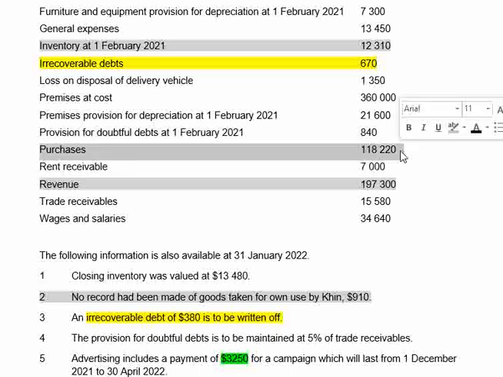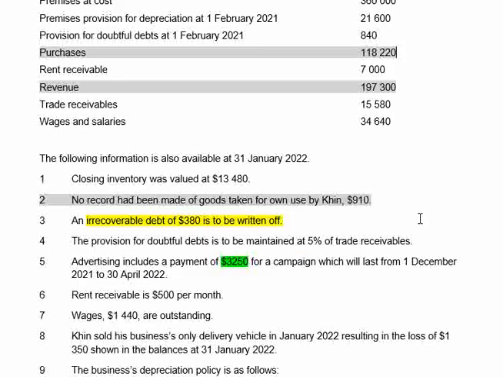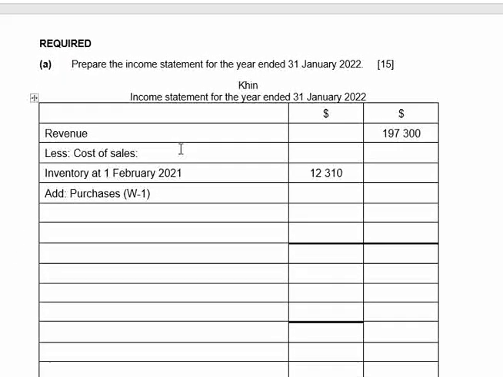Here we have these purchases 118220, and you will deduct 910 from this. So we are doing this in working one. So purchases are 118220, and the drawings of goods were 910. So after deducting this, we will get the amount of 117310. So this is the purchases amount that you have to take here. 117310. I hope you're getting this. Okay, now we'll move on.